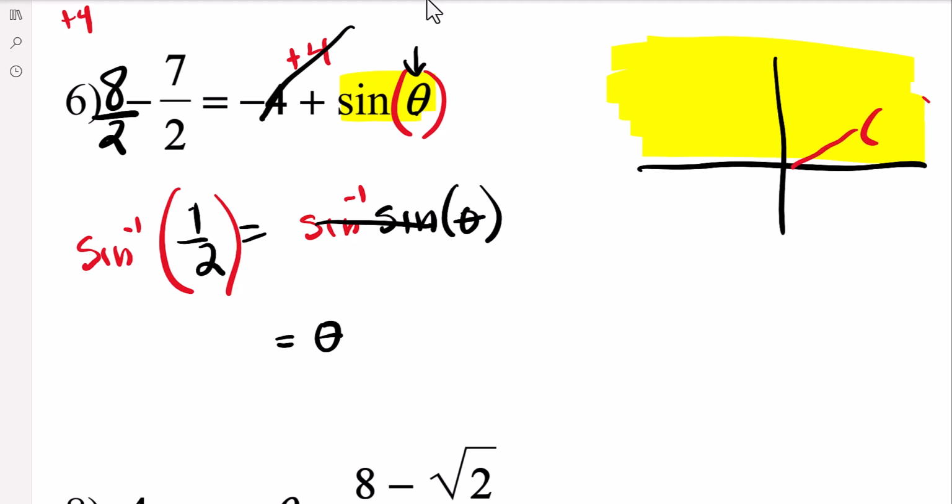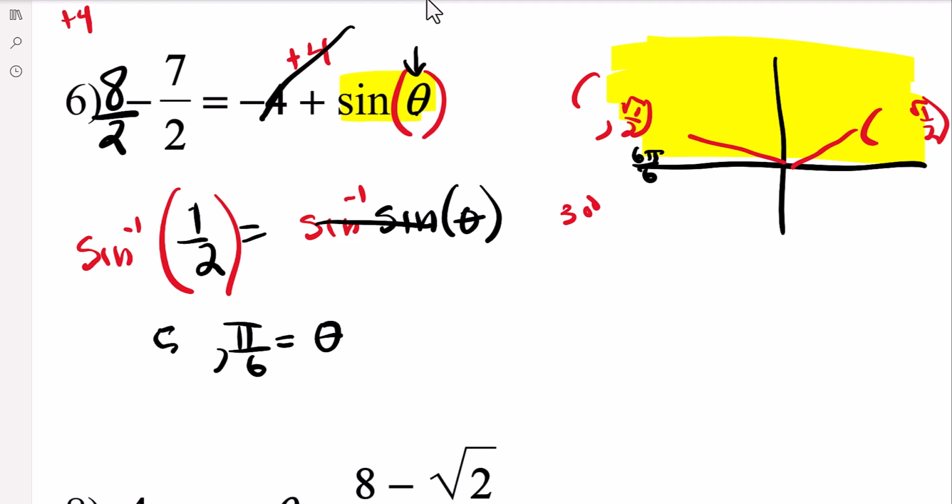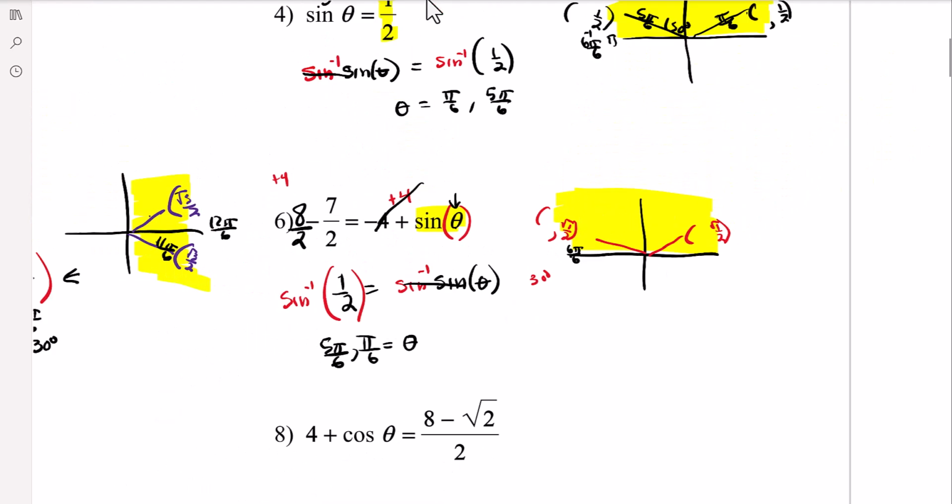And the y value is positive 1 half, or positive root 1 over 2, however is your preference. And again, you type this in right here, you're going to get 30 degrees, which is pi over 6. And over here, pi is the same as 6 over 6, so subtract 1. That's the same one that we had above. Okay.